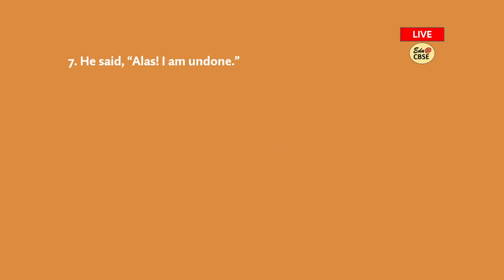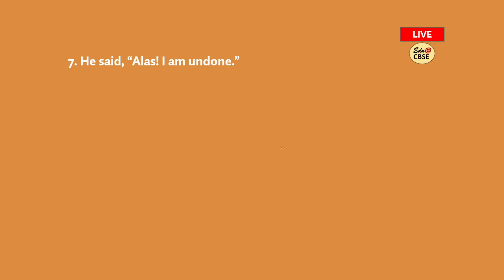So, alas, you have to write the meaning of this emotion, alas. It is grief, it is sorrow, the person is sad, the person is regretting. So, these are correct. So, he said, or he exclaimed with sorrow, he exclaimed with grief. All these are correct. And next part is he exclaimed with sorrow that he was undone.